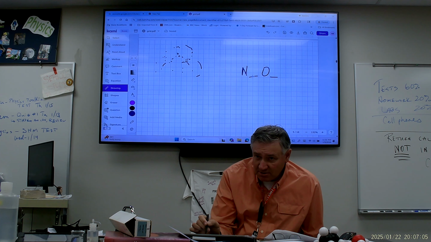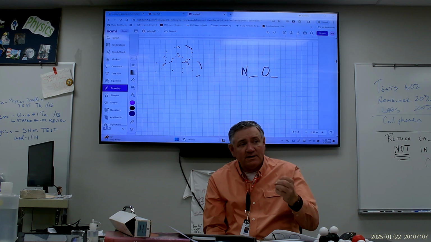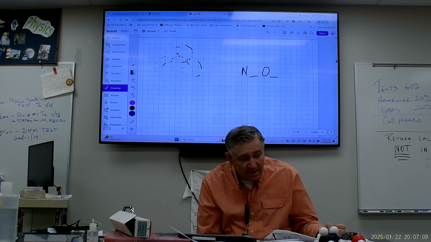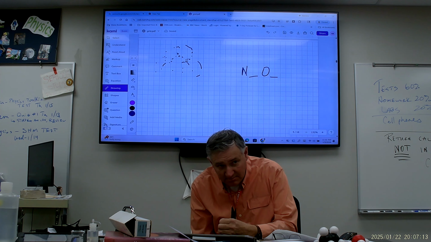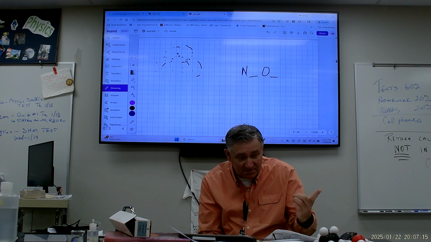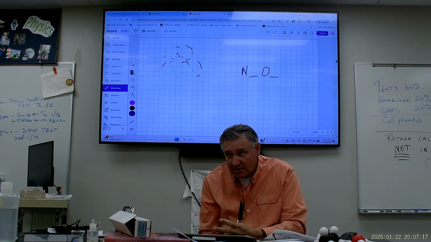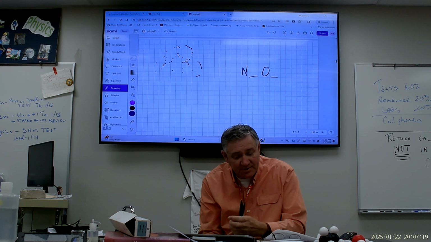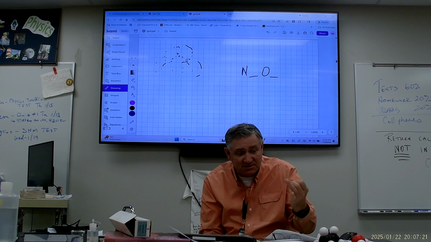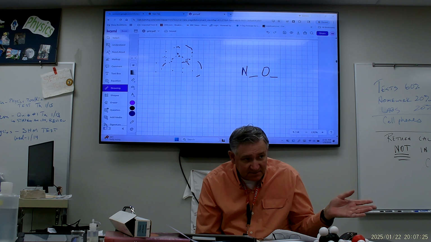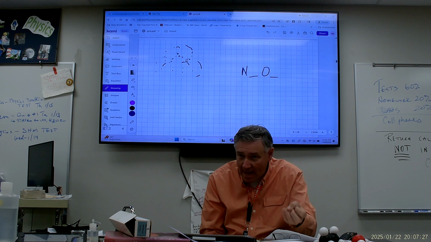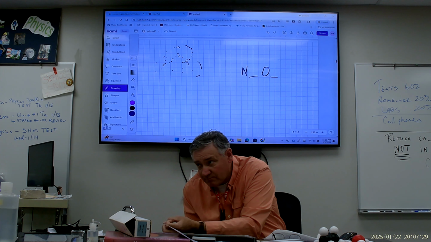It's either a ratio of atoms or it is a ratio of moles. It is not a ratio of mass. Okay? So you can look at it as a ratio of atoms. You can look at it as a ratio of moles. You can't look at it as a ratio of percentages, as a ratio of squirrels. Doesn't make any difference. You can only work off of atoms or you can work off of moles.